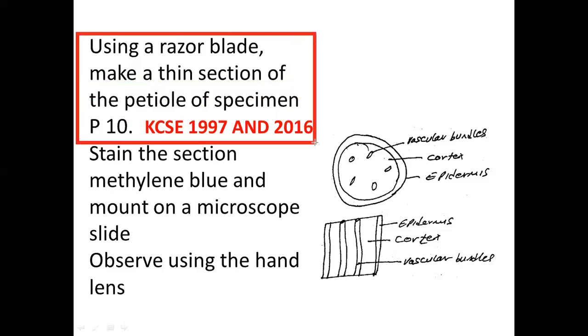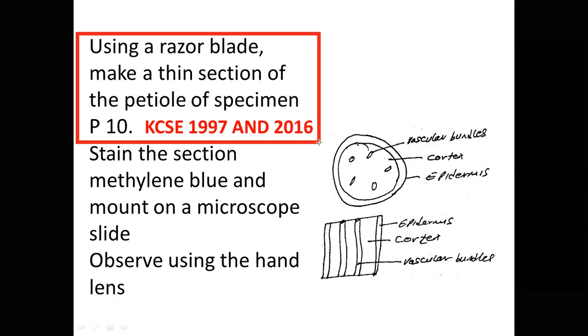And of course, when you're making sections, we need to be conscious. Is it cross section or transverse section? So sometimes the examiner may be very specific. You want cross section. Like now, this one he wanted us to make cross sections. So you get a petiole of a mango, then you cut like this.